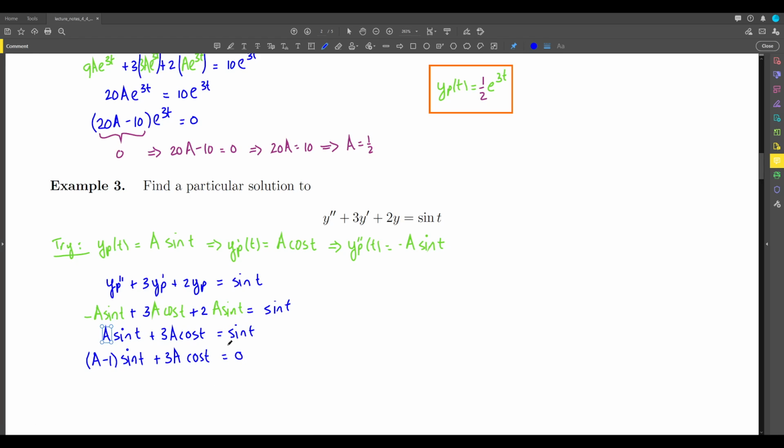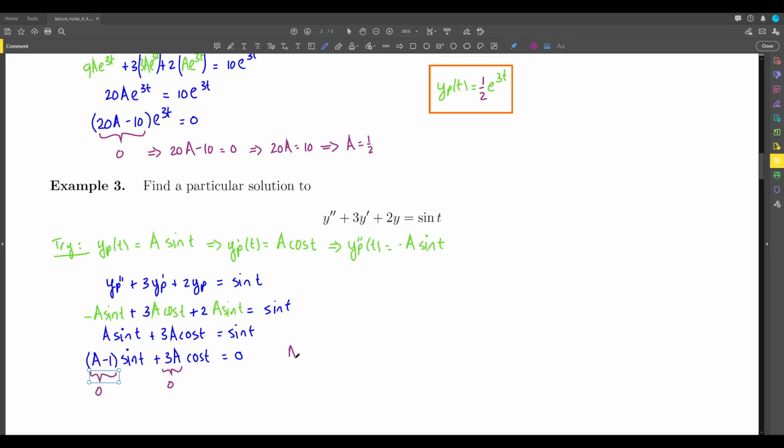Now again, we see the right hand side is constant. It's always 0. And here on the left, we have a function of t, and this needs to hold for every t. So again, we get that this is 0, and this must be 0.